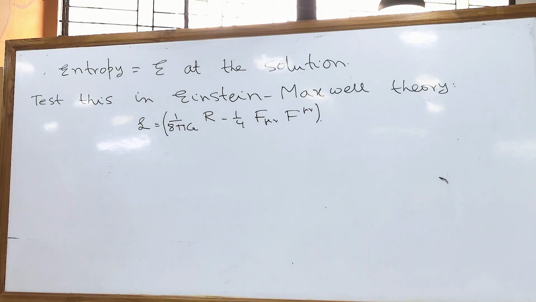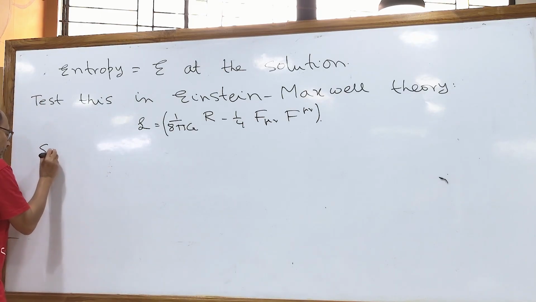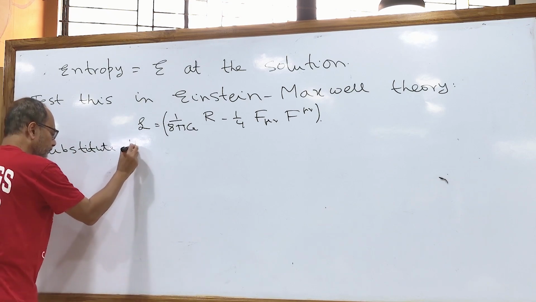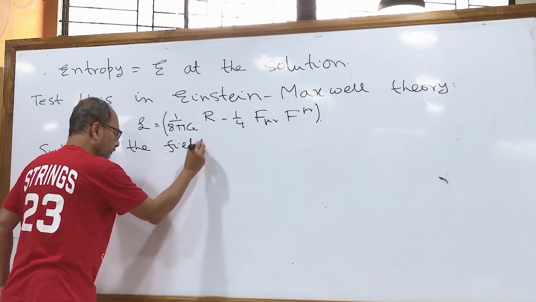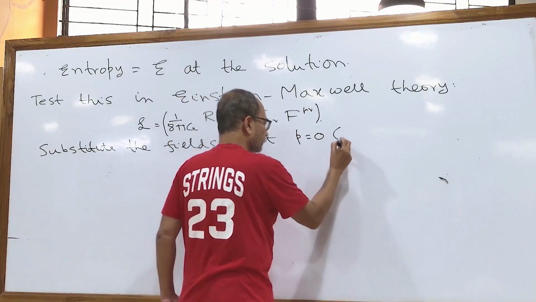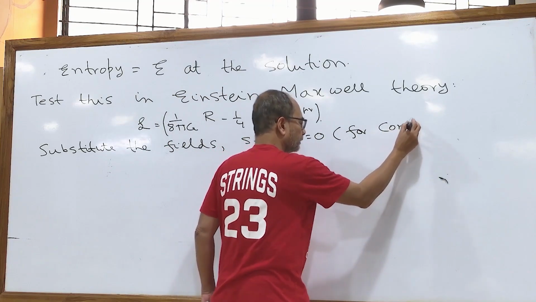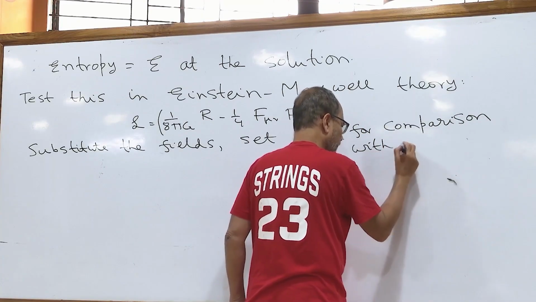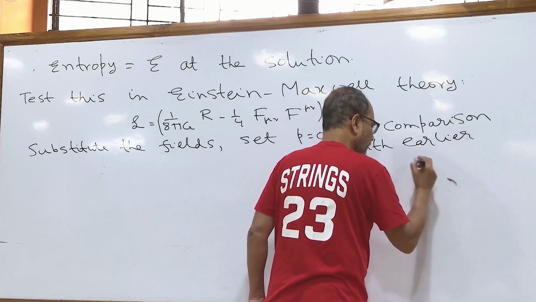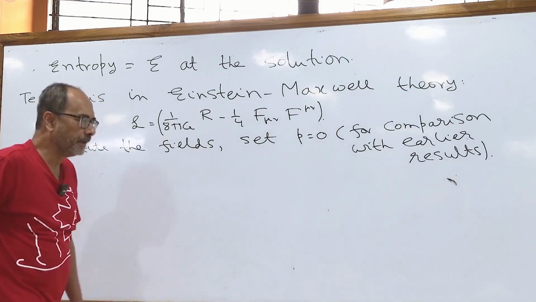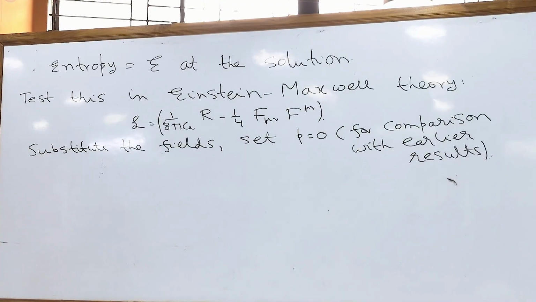So p is 0. We could keep p, but earlier, if you remember, we had said that we had no magnetic charge. Here, setting p equal to 0.